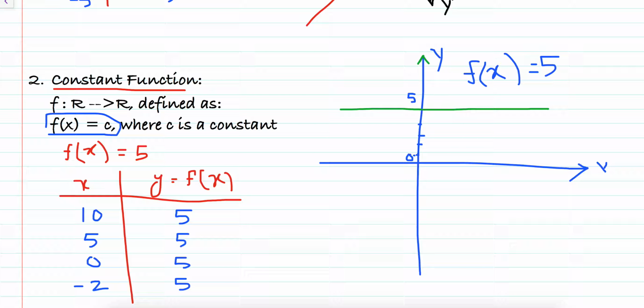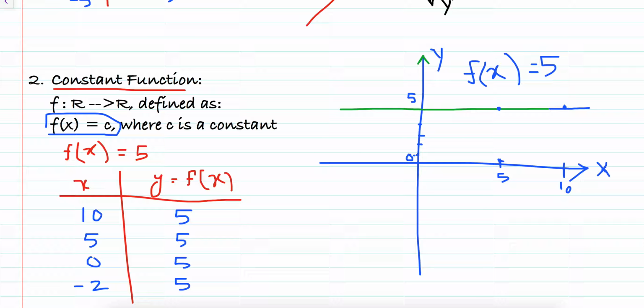Because you see, if 10 is somewhere here, what is y? It will be here. If x is 5, somewhere around here, then also y is 5.